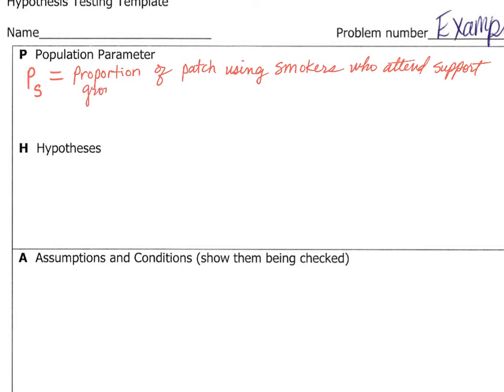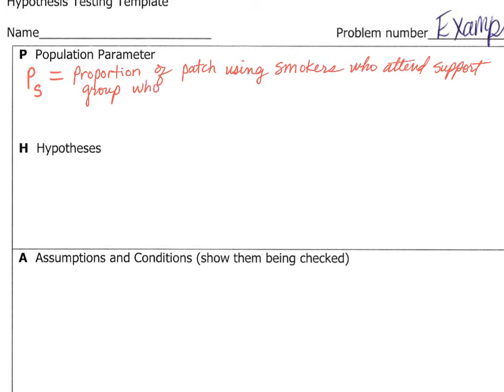Okay, so that's the denominator. We're not finished with this yet. Proportion of patch-using smokers who attend a support group, that's the denominator. Now what's the numerator?